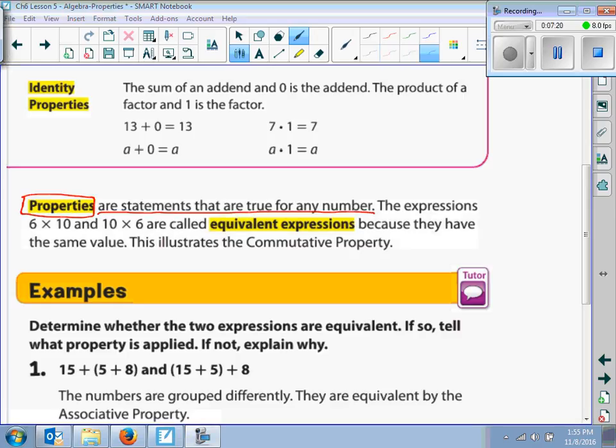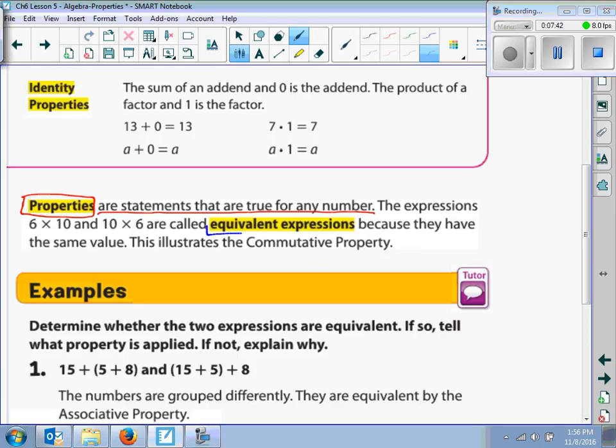All right, so the expressions, like we talked about in the intro, 6 times 10 and 10 times 6, those were both equal to 60, right? So those are called equivalent expressions. And the reason they're called equivalent expressions, of course, is because they have the same value. Is everybody clear? Yes.